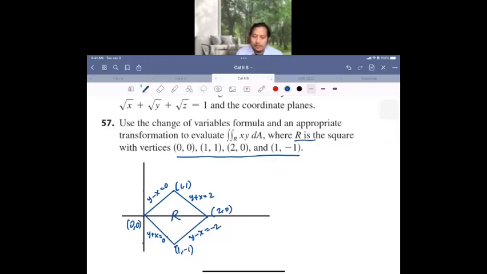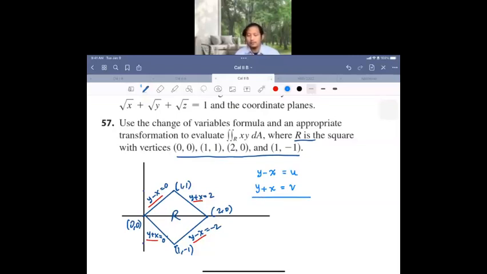Now from this region R, we could see that we have y plus x and y minus x. So we could start with y minus x and reimagine it as u, and y plus x as v.